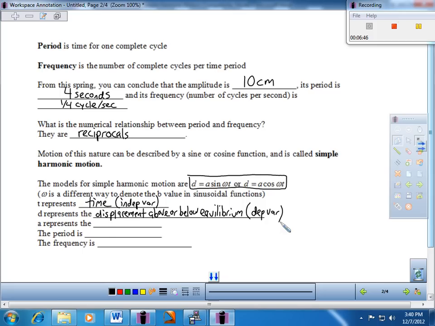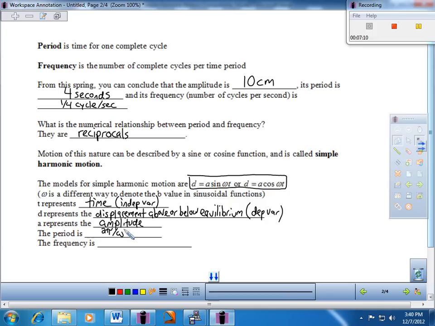That a value, of course, as we've seen before, nothing dramatically new here, by the way. It's just a very particular way of modeling a sinusoidal function. So a is the amplitude. The period, as it always has been, is 2 pi over b. In this case, our b value is that omega, that angular speed, so just 2 pi over that.